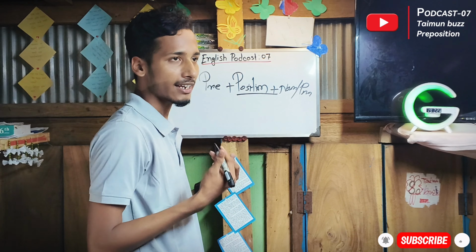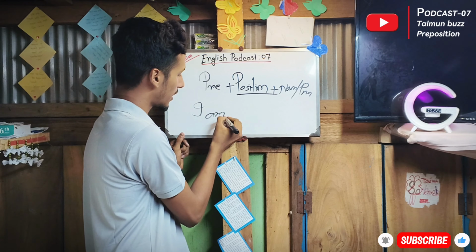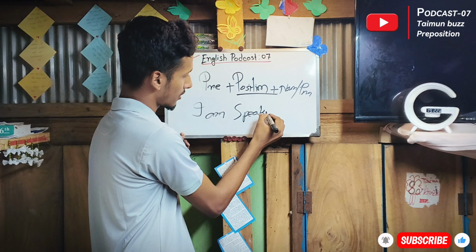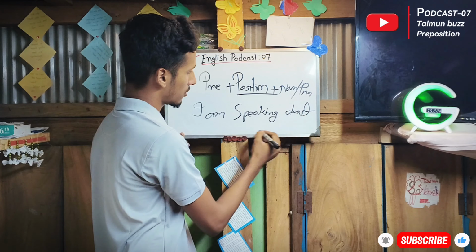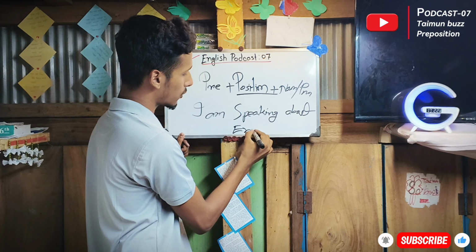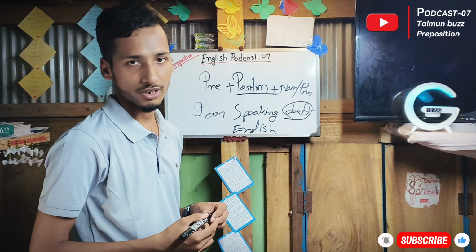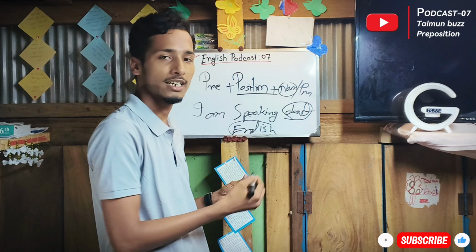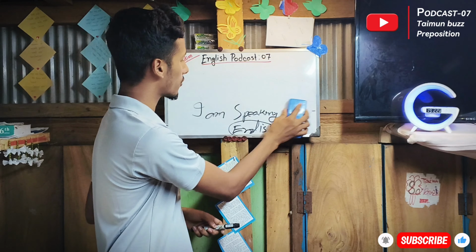So if I say another example, I am speaking about English. Here, about is a preposition, and English is a noun. So I think these things are very clear to all of you.